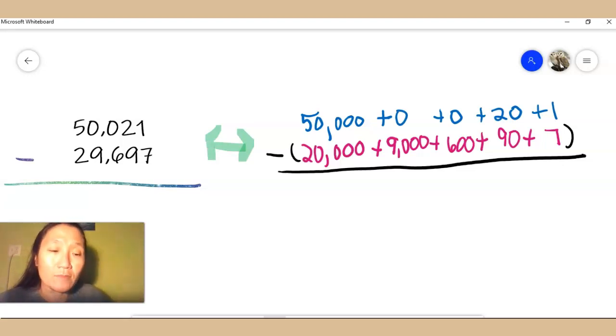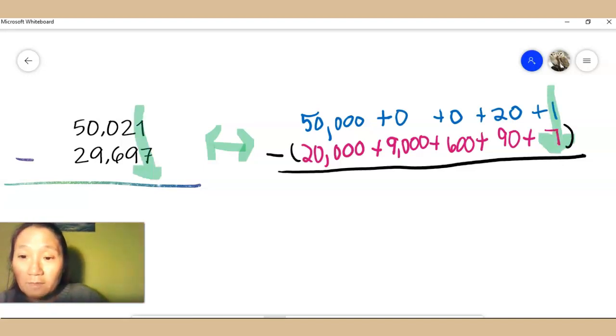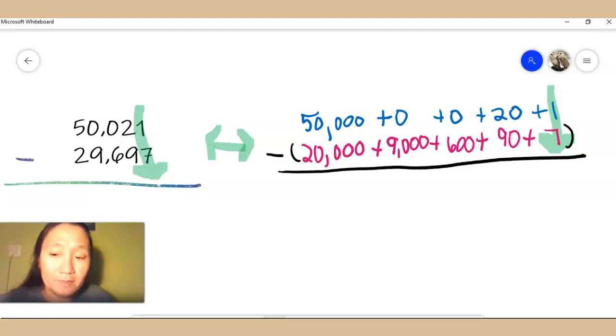And then you see the same written in expanded form. Let's take a look at this and make sure we completely understand what we're doing. Remember, we work the problems from top to bottom. And when you're doing this, don't write it out horizontally, you write it vertically.